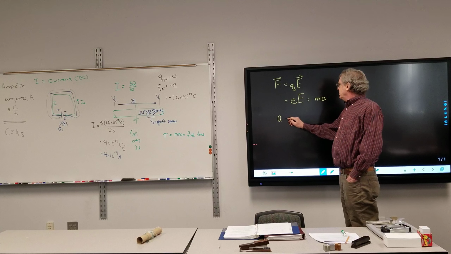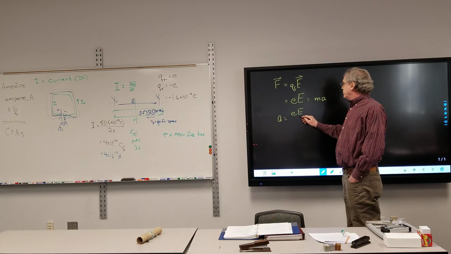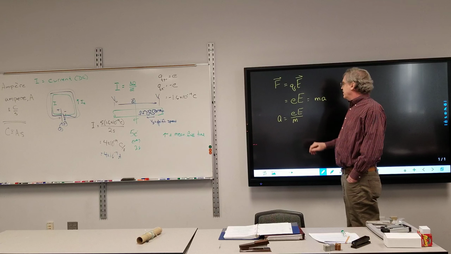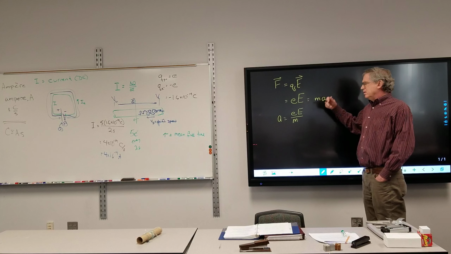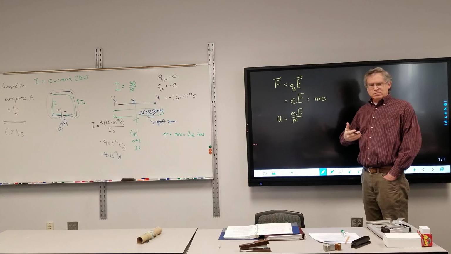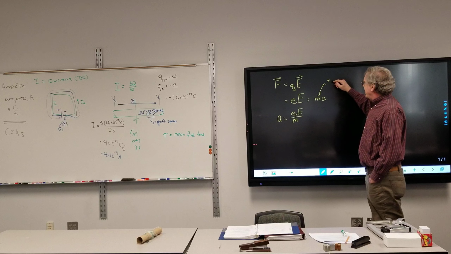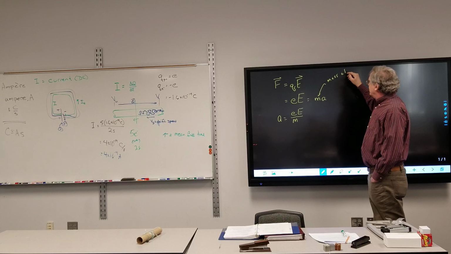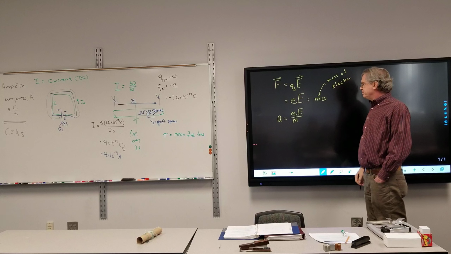My acceleration is the charge of the electron times the electric field divided by the mass of the electron. Oftentimes I'll put m sub e for the mass of the electron, but to avoid writing one more thing, I'll just write mass of the electron, and that way I don't have to worry about the subscripts.